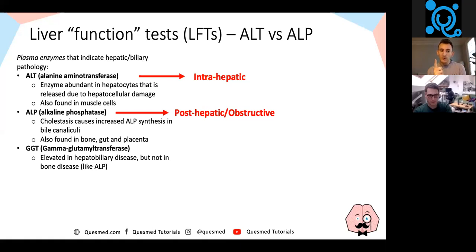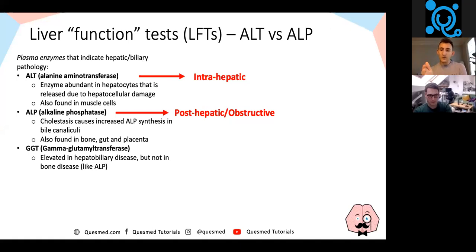It's also important to remember that the upper limit of normal for ALP is much higher than for ALT. And we base it on the upper limit of normal for that test, not on which is higher, the ALP or the ALT. It's based on how much higher than the upper limit of normal it is. So the upper limit of normal for ALT is about 40.